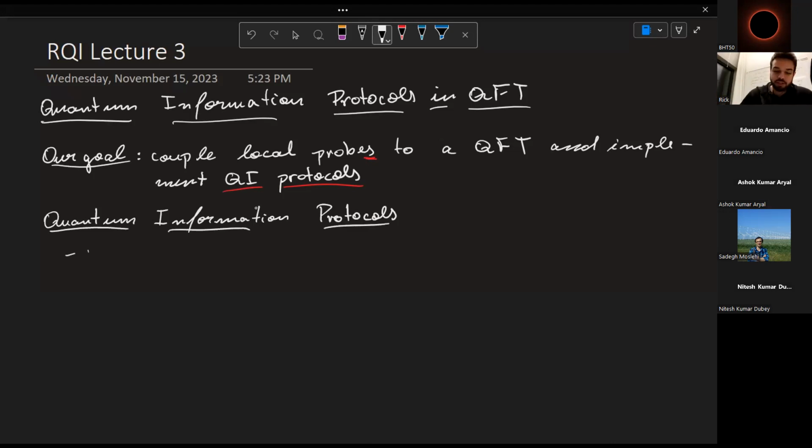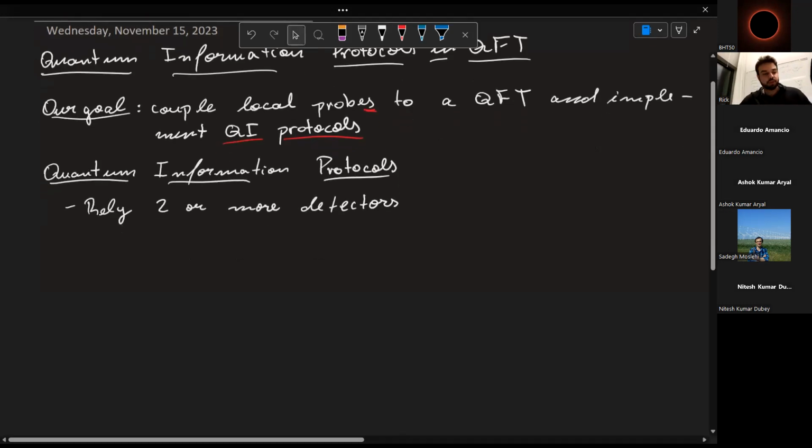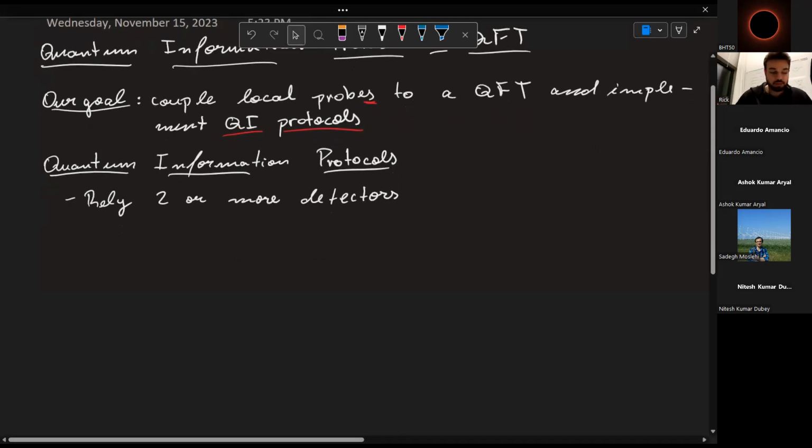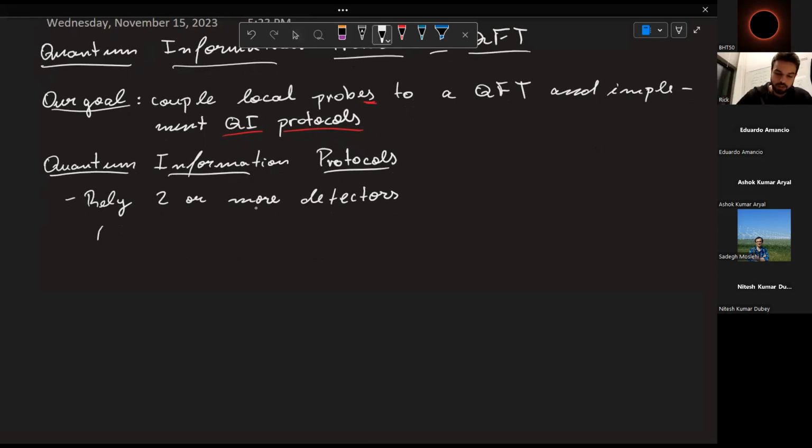Basically, what I said is that we now rely on two or more detectors in order to transmit information from one local region to another local region. The picture you should have in mind is that before, we considered a situation where one detector coupled to a local region around a trajectory.